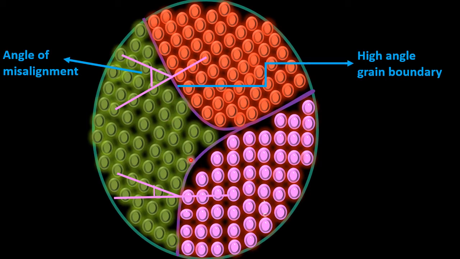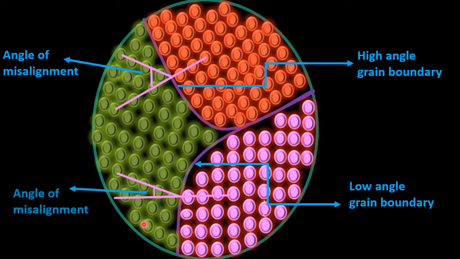On the other hand, this is a low angle grain boundary, because here the misorientation or mismatch between the crystallographic orientations of both grains is small. This is called a low angle of misalignment, and this is the low angle grain boundary.